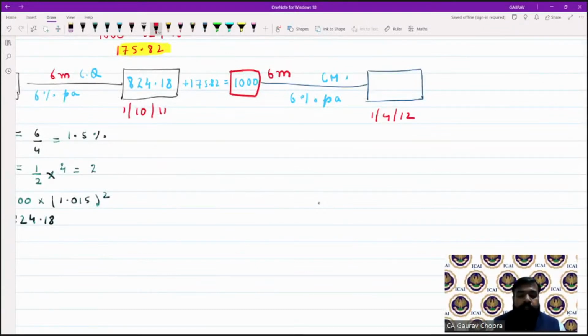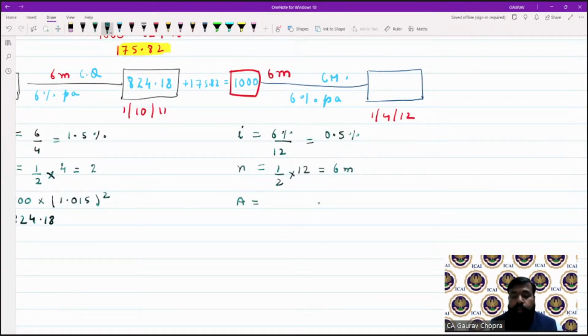So this time again we have to do some conversions. So I is 6% per annum, but for monthly we have to divide by 12, so 0.5%. N will be half year multiplied by 12, that is 6 months. Since monthly compounding is there, we already have 6 months.